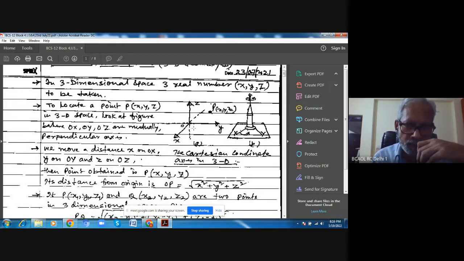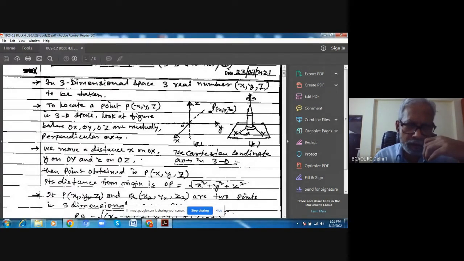All the axes are perpendicular to each other, meaning they are at 90 degrees. So all the axes are perpendicular.